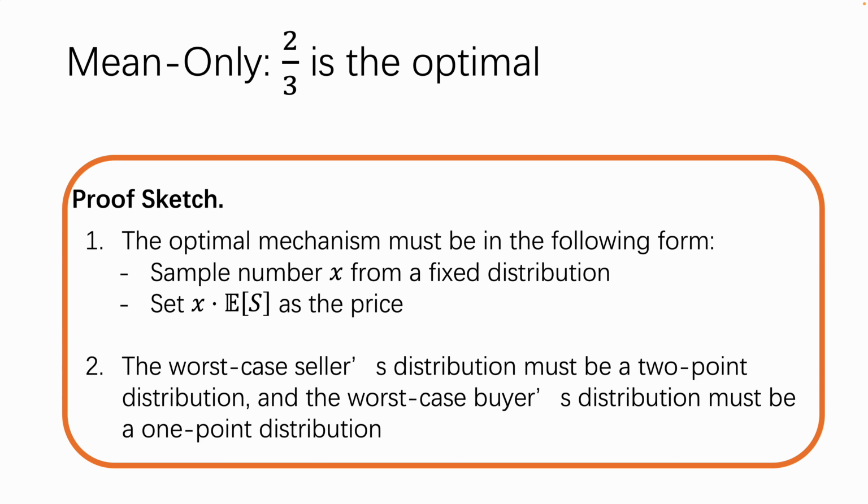Our second step is to demonstrate that the worst case instance must be a 2-point distribution for the seller and a 1-point, or say deterministic, distribution for the buyer. Therefore, we only need to examine these instances to verify our claim, and this is very easy to compute.